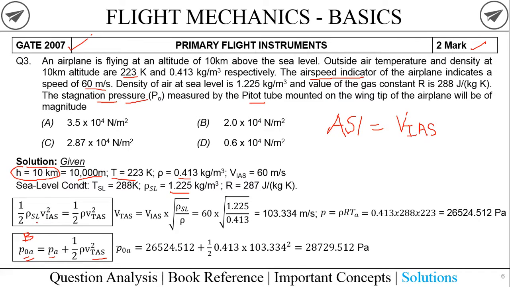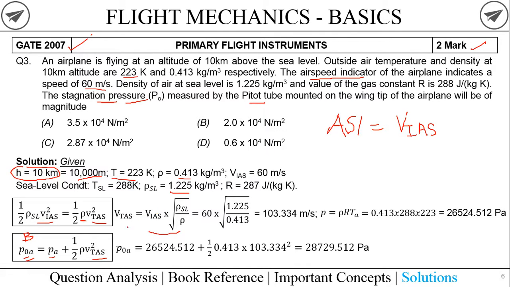We know that when relating the true airspeed and indicated airspeed by Bernoulli's equation, we can relate the dynamic pressure terms of these two airspeeds. So here, when we rearrange this equation for finding out the V TAS, the particular point to be noted is that here density rho means the density at 10 kilometers, and rho SL means the density at sea level.